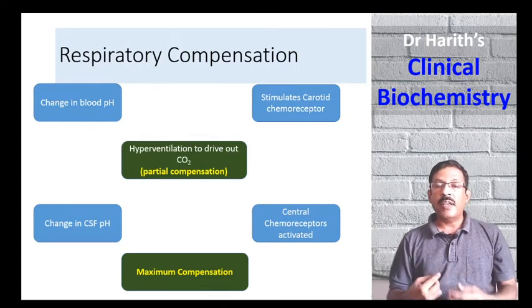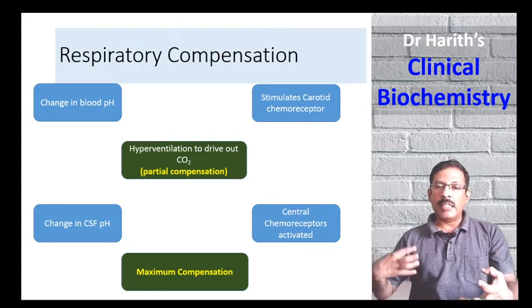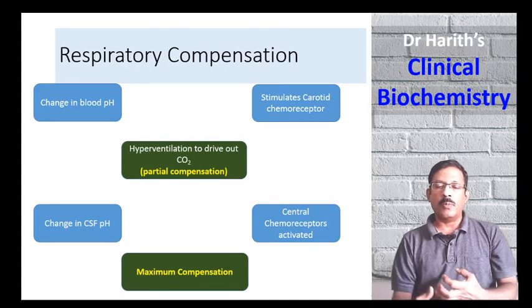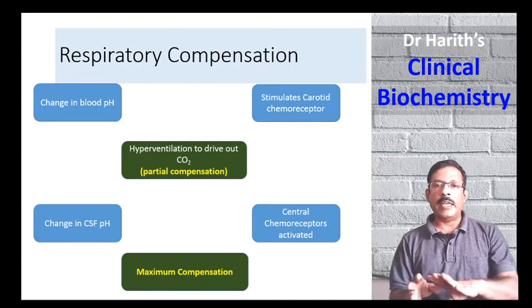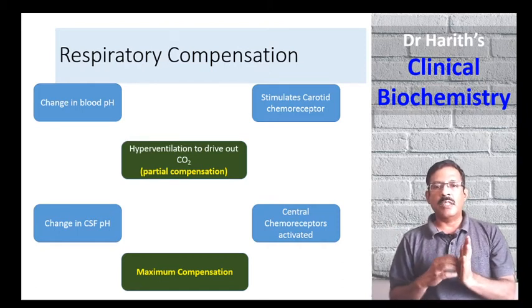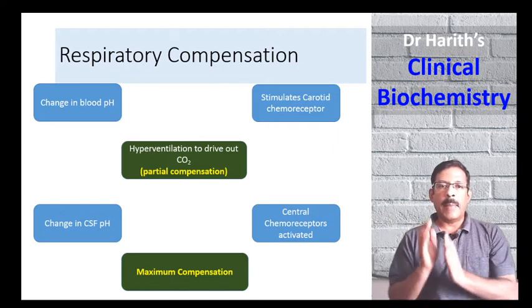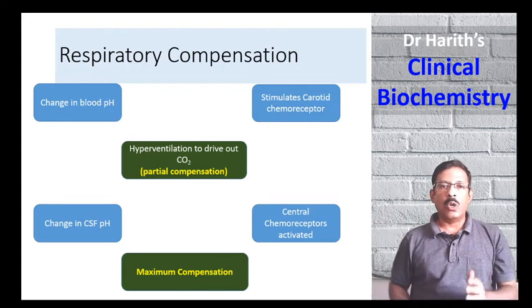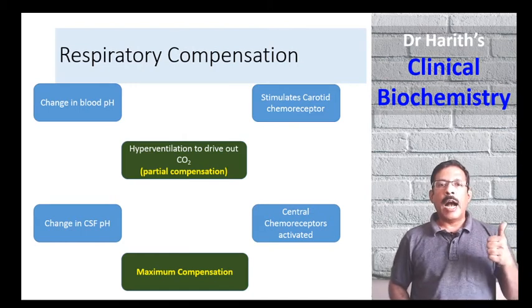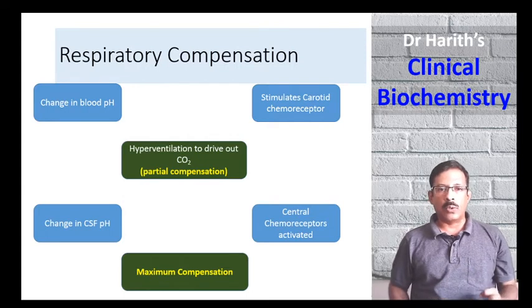Now, you are having both compensation from the peripheral chemoreceptors as well as a drive from the central chemoreceptors to hyperventilate and get rid of the carbon dioxide in an attempt to increase the pH. At this stage, we are reaching maximum respiratory compensation. So, the only mechanism of respiratory compensation is hyperventilation when there is acidosis and hypoventilation when there is alkalosis.